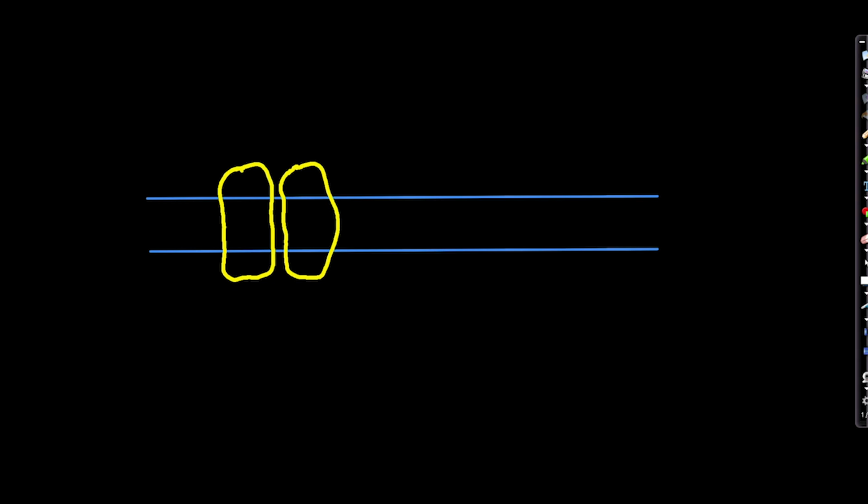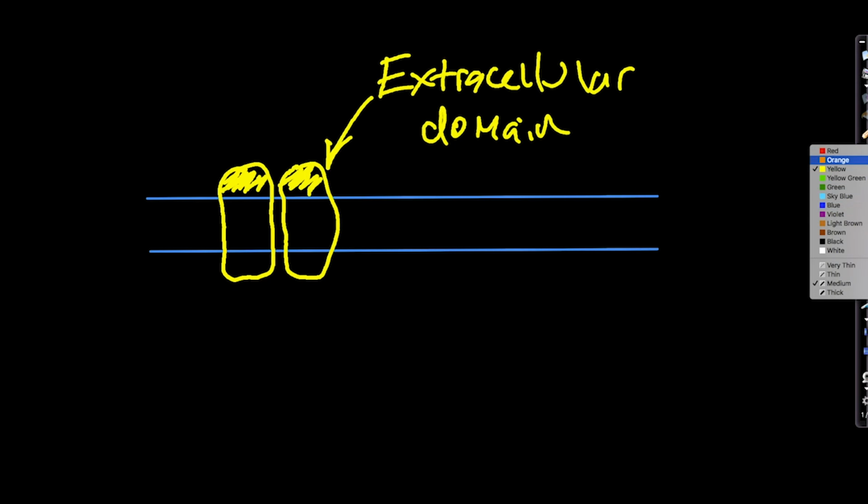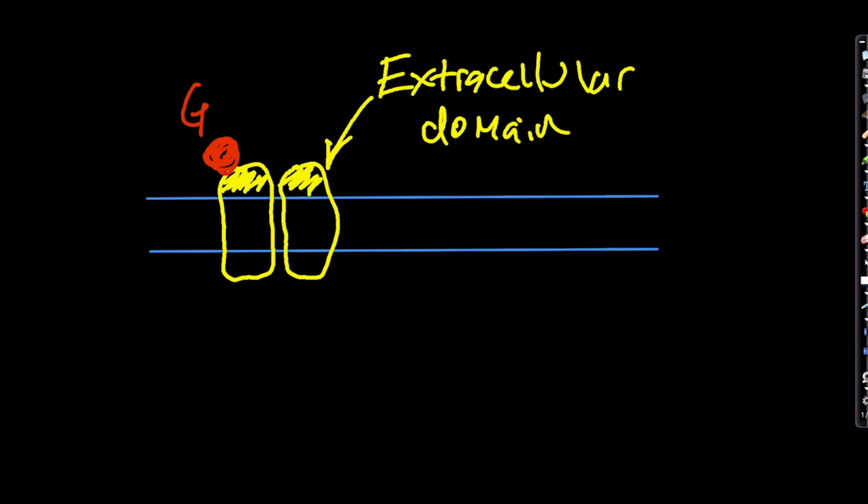So this region here, I'm going to colour yellow, is referred to as the extracellular domain, because it sits outside the cell, and it's where glutamate binds. So let's draw in glutamate here in orange. This is glutamate. I will always represent it just as glu.